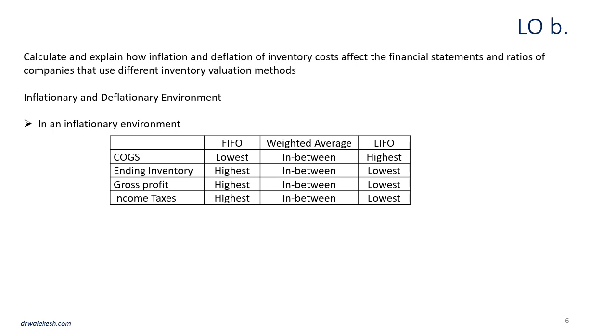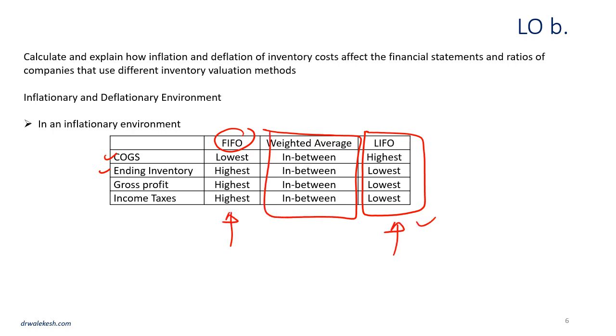Keeping all things constant, if your gross profit is the lowest, that implies that your cost of goods sold will be the highest. The cost of goods sold would go in opposite direction to the ending inventory. So with this, you can come up with that of FIFO. Then weighted average is always in between FIFO and LIFO.